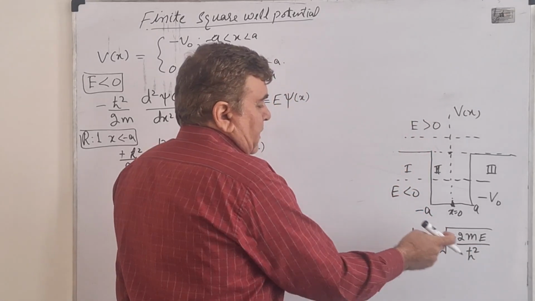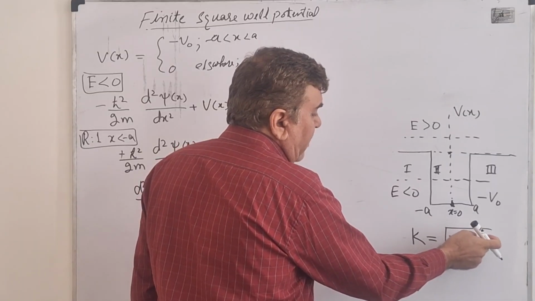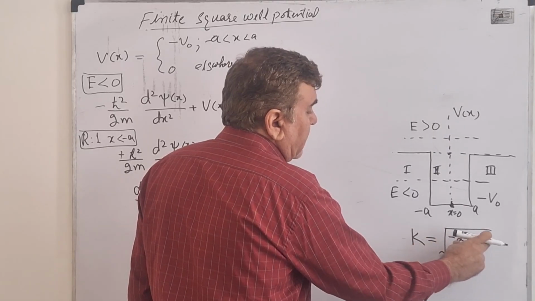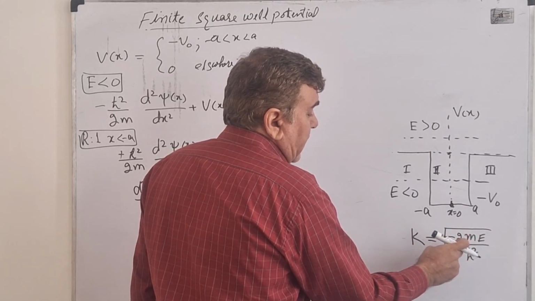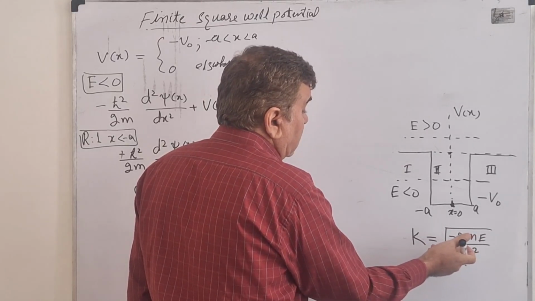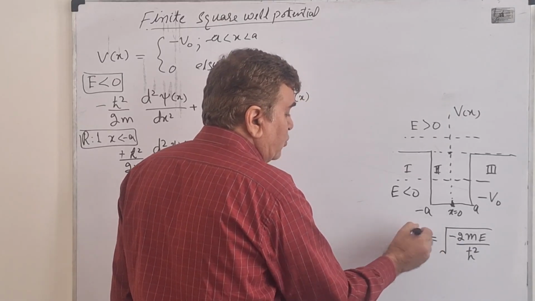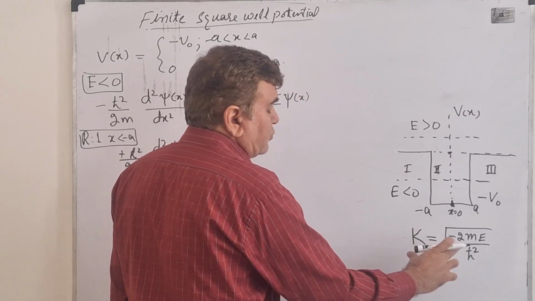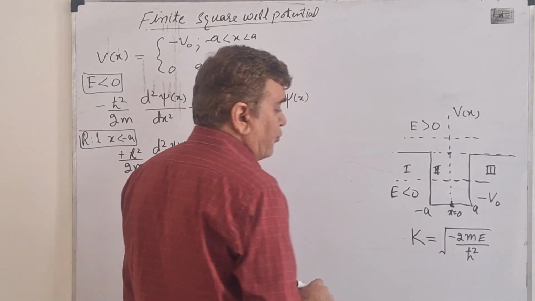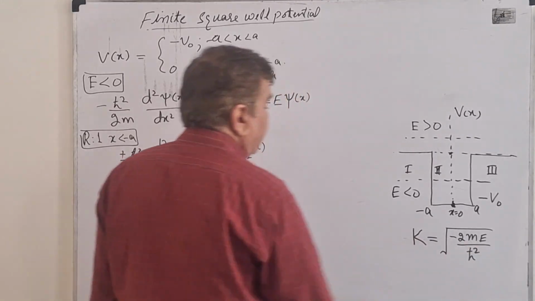Now look, energy lesser than 0 means E is negative. The negative of E multiplies with this negative and makes this whole thing positive. And the square root of a positive number is real. So k is positive and real. We will use these properties of k later on, so you should memorize that k is positive and k is real. I'm writing this over here because I'll be using it later on.